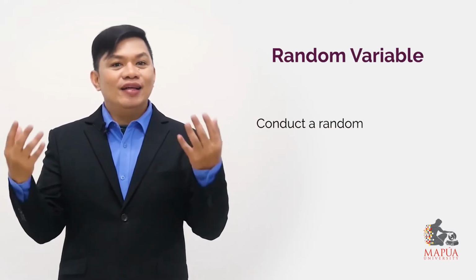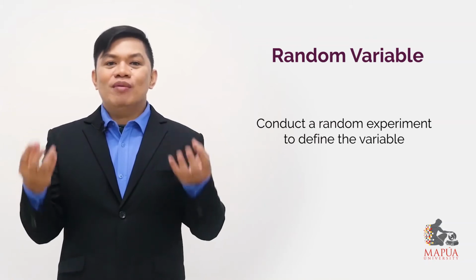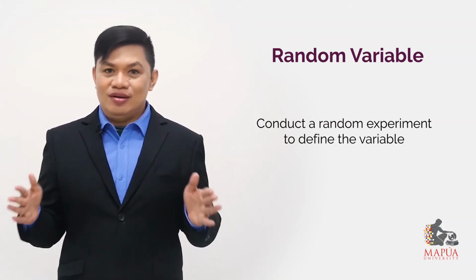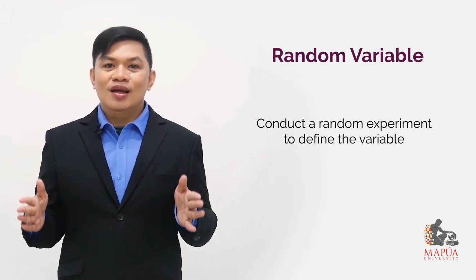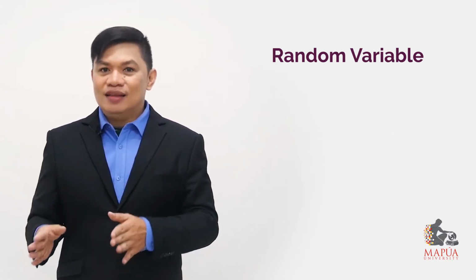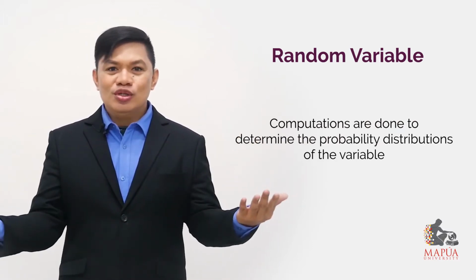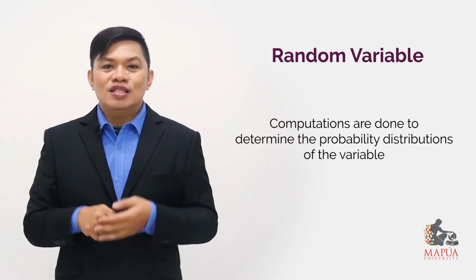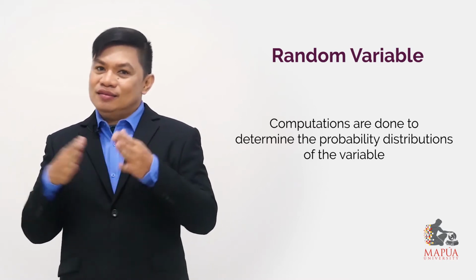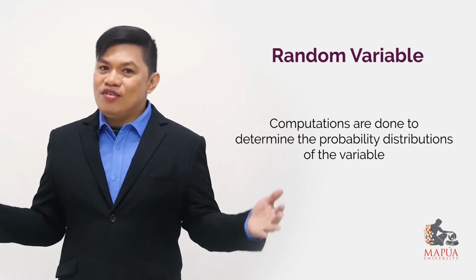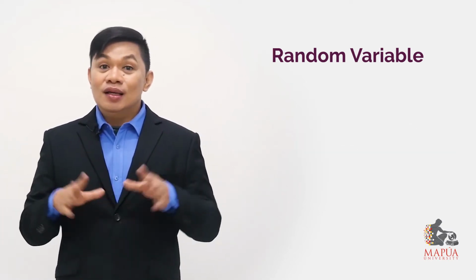So we conduct a random experiment. Once you have a random experiment, you can define what we call a random variable. Once you are able to define that, you proceed with computations like the probability distribution of this variable, the expected value of this variable, and the variance of this random variable.